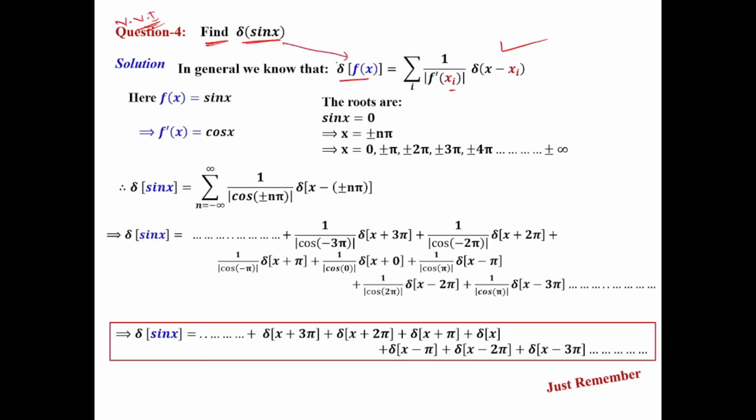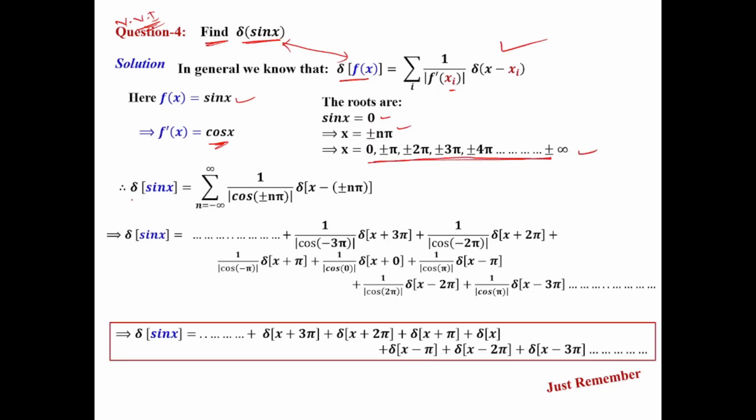Just compare these functions. Here f(x) is sin x and the first derivative will be cos x. Now what are the roots of sine? If sin x equals 0, that means x equals plus or minus nπ. So these are the roots, up to plus or minus infinity. Sin x has these roots.